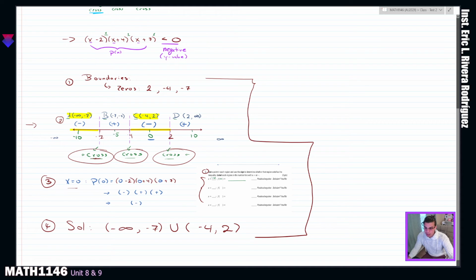If you don't identify the behavior of the x-intercepts, then you need to go through the evaluation of all the regions, as you will do on the worksheet of the day. So for each region, you test. So yeah, this is the work for that exercise.